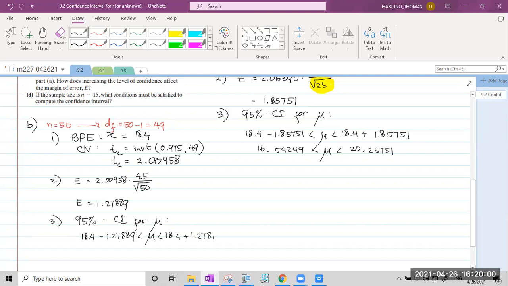So you see that the larger the sample size, the smaller the margin of error. Just like what we believed before, the larger the sample we have, the more accurate our estimate. Okay, so then I will compute 18.4 minus 1.27889. That will give me 17 something.